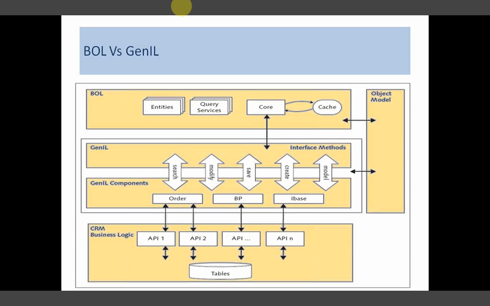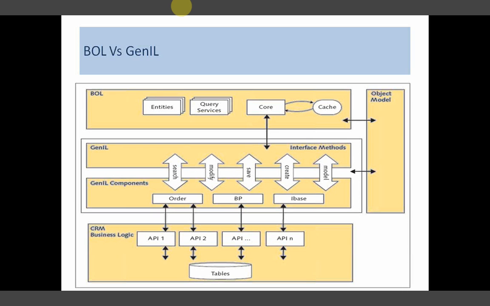One is the business object layer, called BOL, and the other is the generic interaction layer, called GENIL for short. In the business layer as well, we have two different layers to process the data. First, we will discuss the BOL, the business object layer, the upper layer.